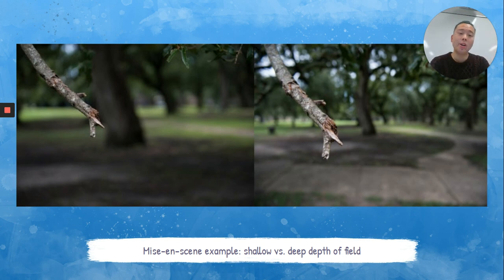On the right-hand side, we describe this image as having a slightly deeper depth of field. Now, obviously, the focus is still primarily on that tree twig, but we see much more of the background. It's not as blurry as the image on the left. So that's what we call a deeper depth of field. In a sense, we can see a little bit more, and the focus area of the photograph is a little bit larger.